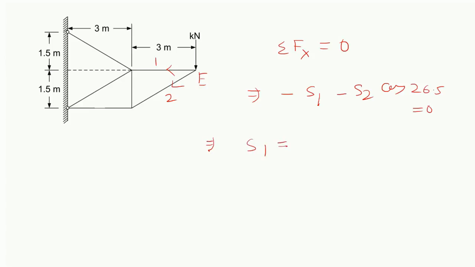S1 is equal to minus 2.001 P. This is also minus, so we have to write it down. Compressive. So after that, another part is completed.